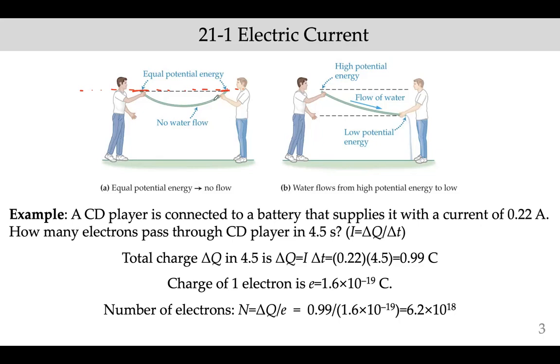So the hose is filled with water, but it would not flow because the ends are at the same gravitational potential. But if one of the persons lowers the hose, then as you can see, water flows. The reason for that is the water within the hose flows from high potential, this end at a higher height, to low potential.